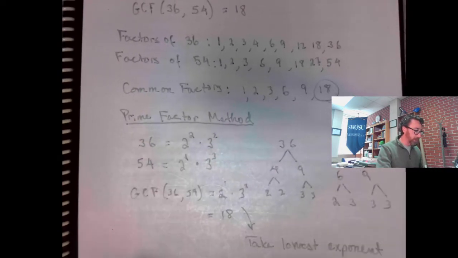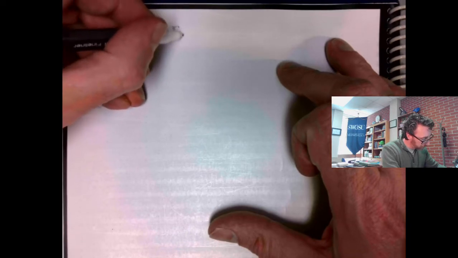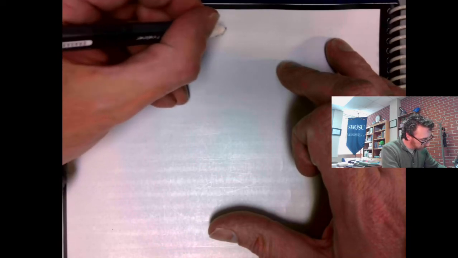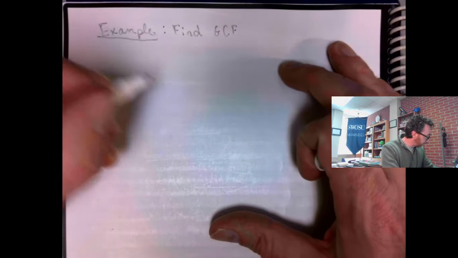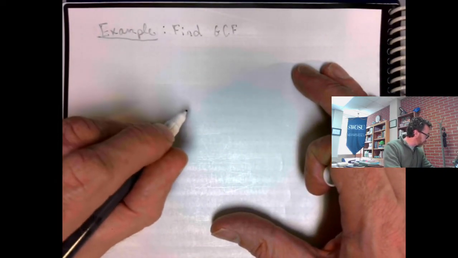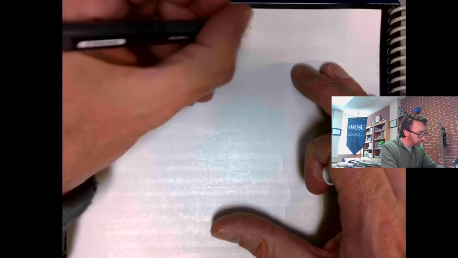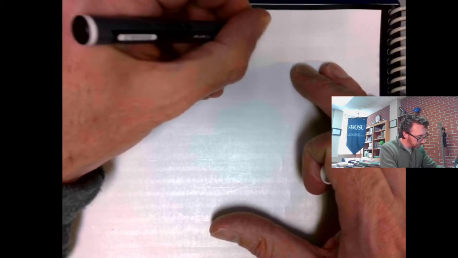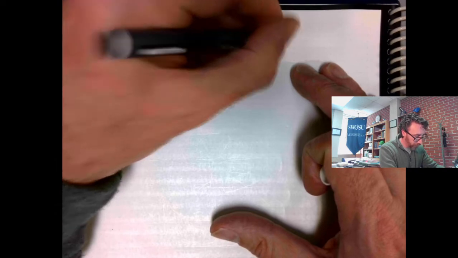So let's do a quick example where we do that. Let's find the GCF of not 36 and 54, but 36 and 84. Change things up a little bit.